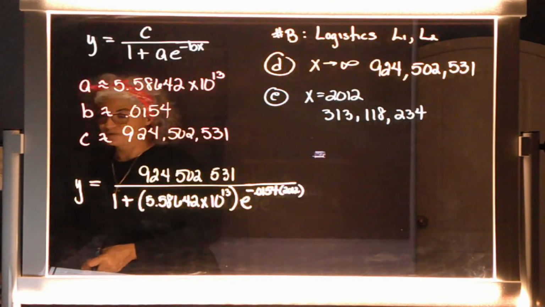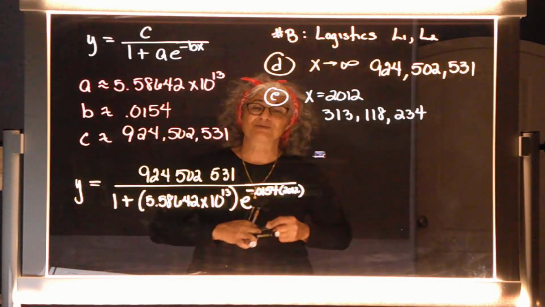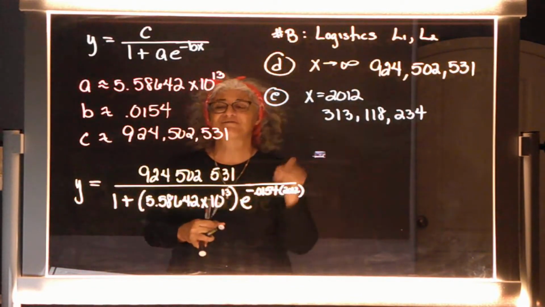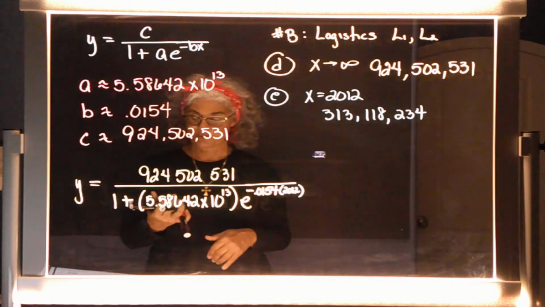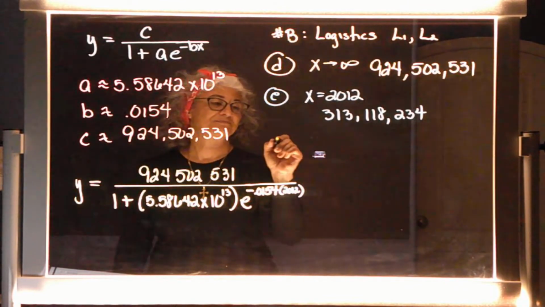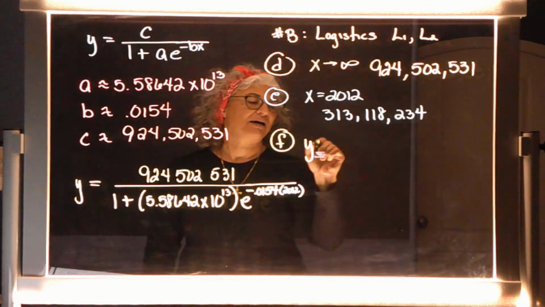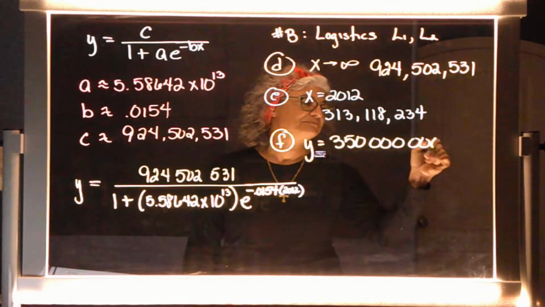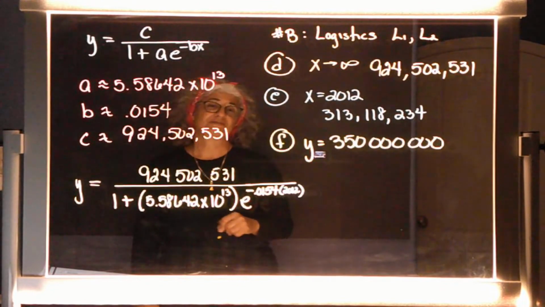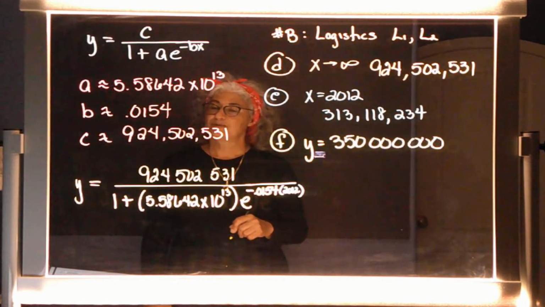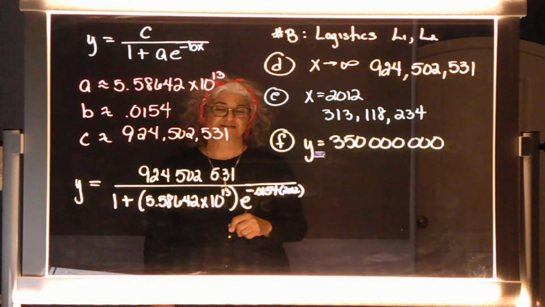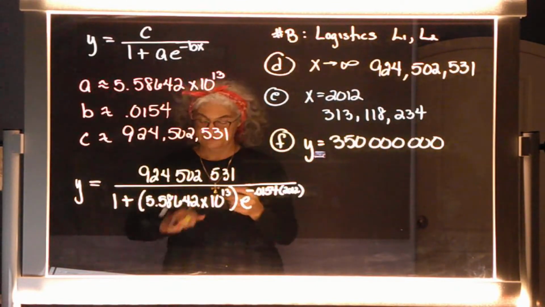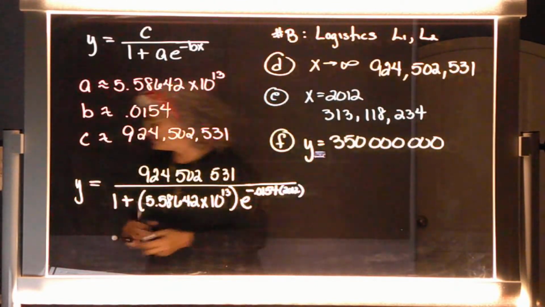And then the last question was, when is that population going to reach 350 million? Which means in this case, y equals 350 million. And then they want me to solve. You with me? And boy, that looks like a lot of fun, doesn't it? Okay, so let's do it. Why?